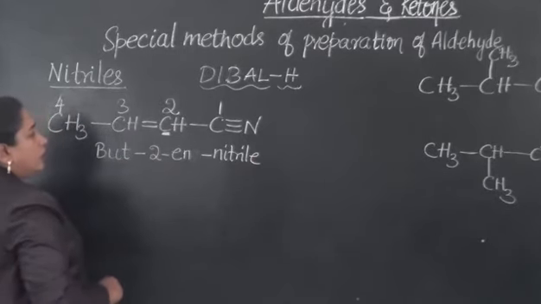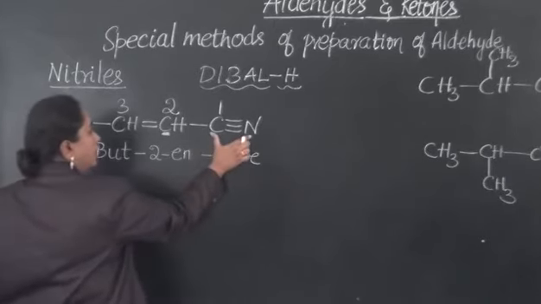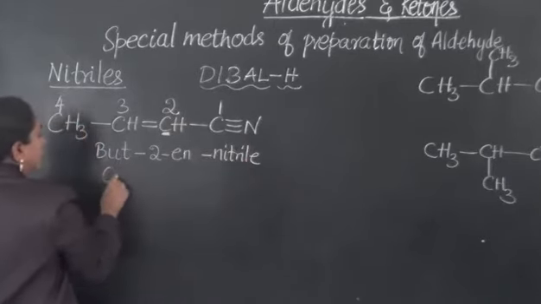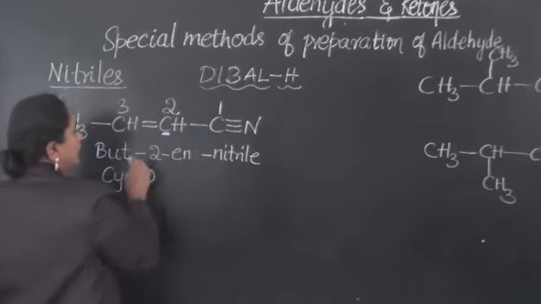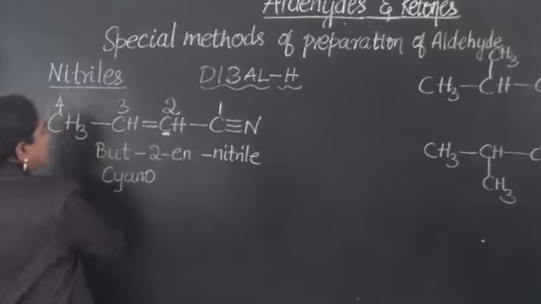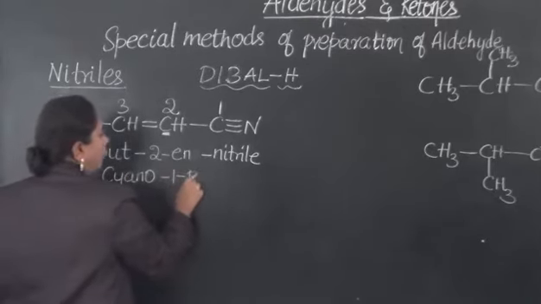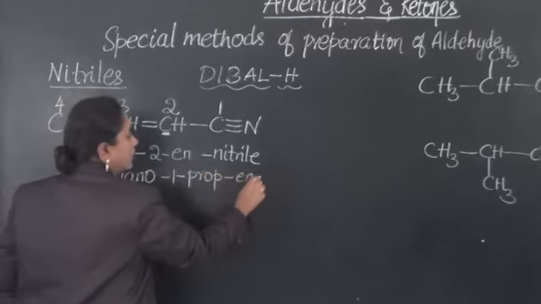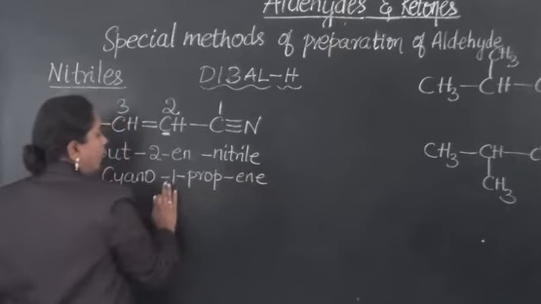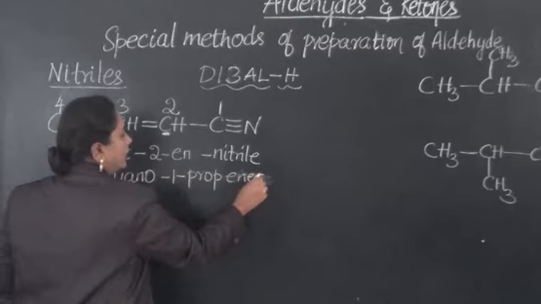Otherwise this compound can also be named by considering this as cyano, so we will write cyano as our prefix. So cyano, and what else do we see? We find the presence of propene. So cyano-1-propene or cyanoprop-1-ene, or else we can also write it as cyanoprop-1-ene.